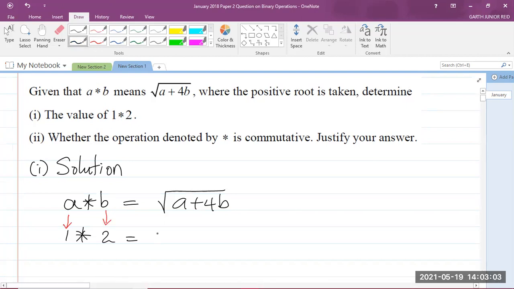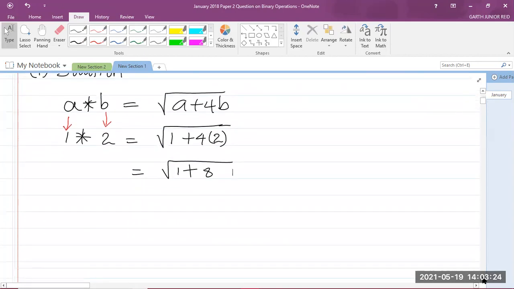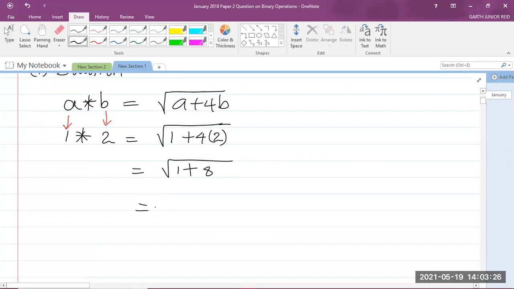I get the square root of 1 plus 4 times 2, that is 8. This is now equal to the square root of 1 plus 8, that is 9.